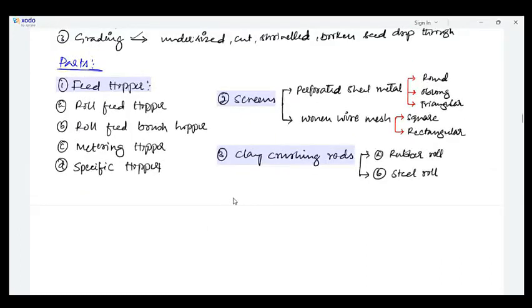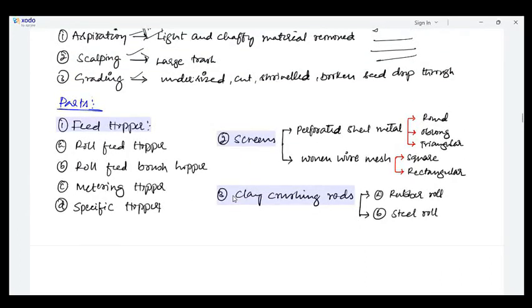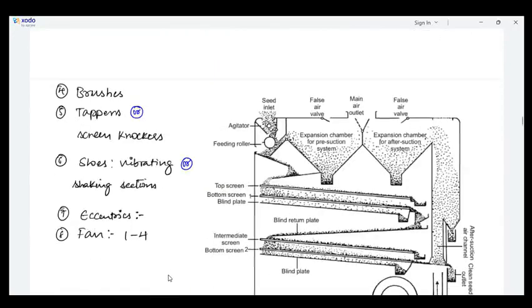I told you the screens can be made up of wire mesh or sheet metal. The wire mesh might be the shape of square or rectangle, or if it is sheet metal, it might be round, oblong, or triangular. Okay, so how does this air screen machine look?